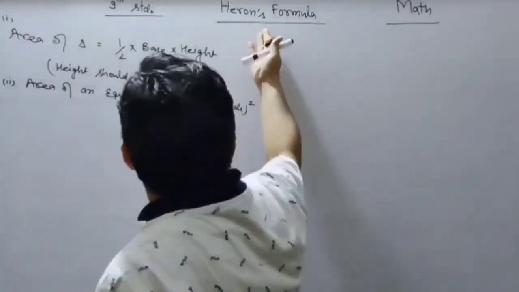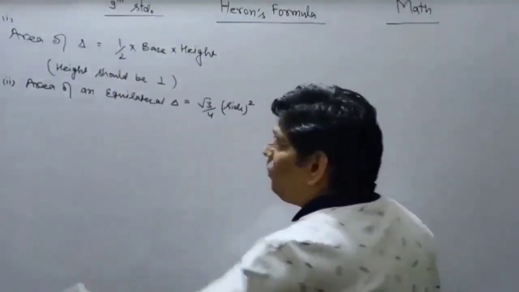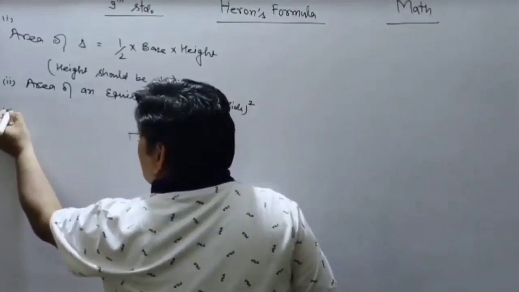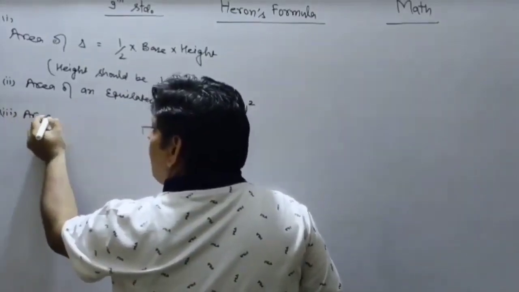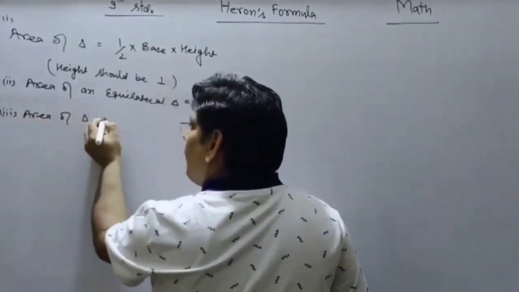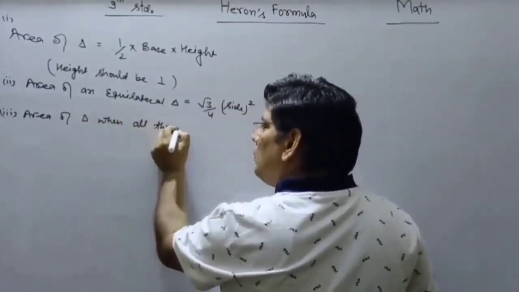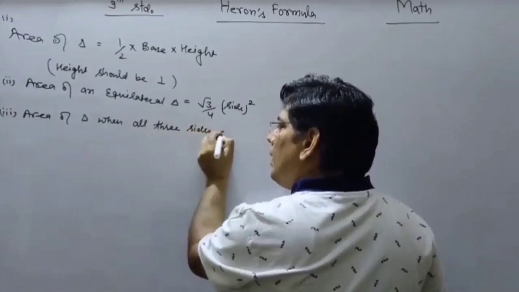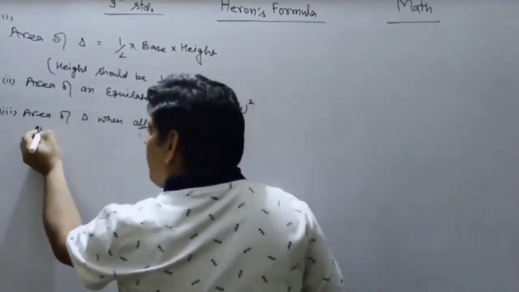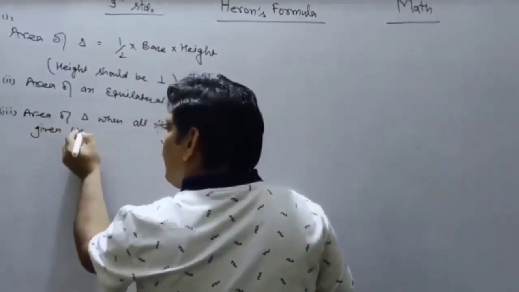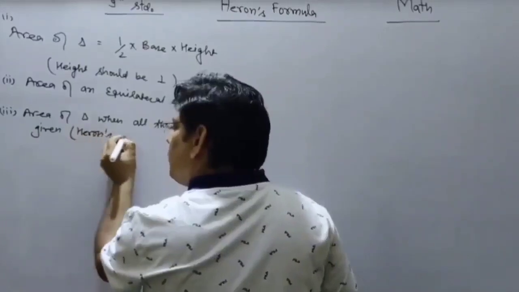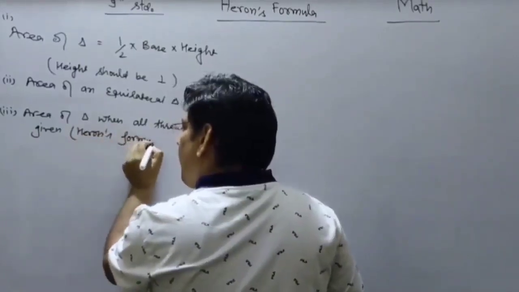Now the third point: area of a triangle when all 3 sides are given, that is known as Heron's formula.